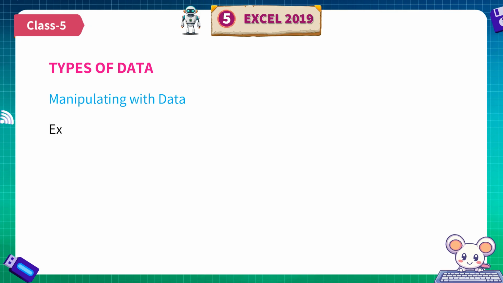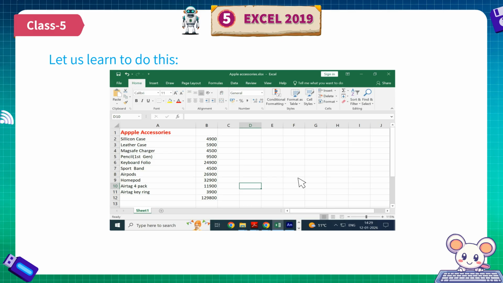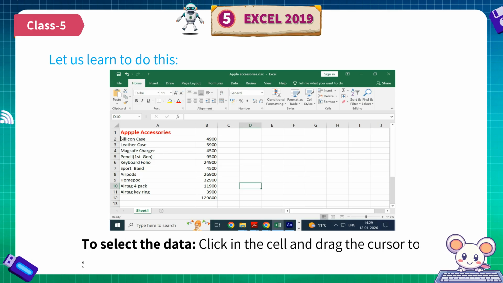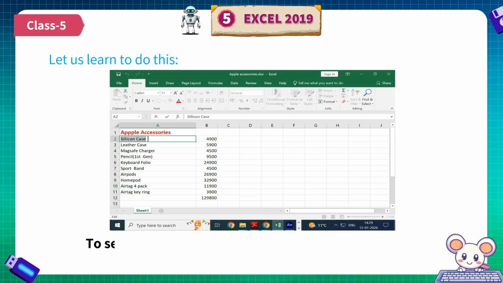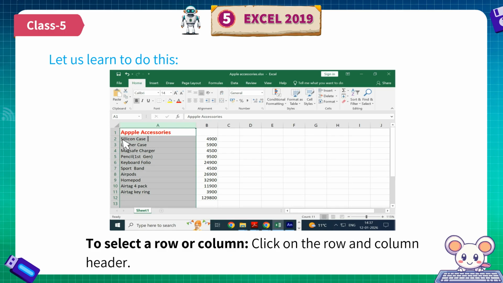Manipulating data. Excel 2019 allows you to cut, copy and paste cells with the data. Let us learn to do this. To select the data, click in the cell and drag the cursor to select cells with data. To select a row or column, click on the row or column header.